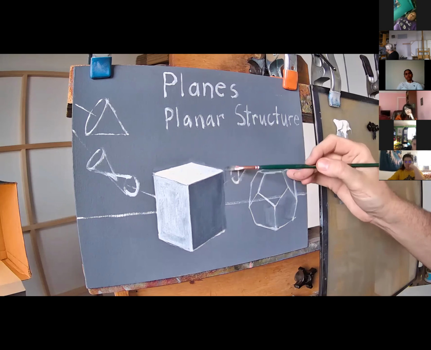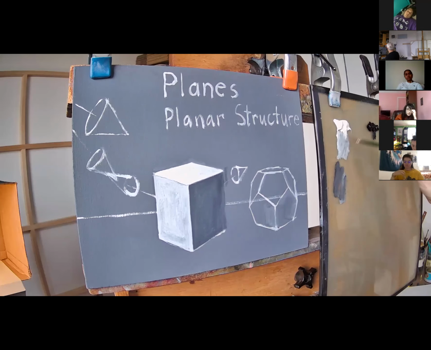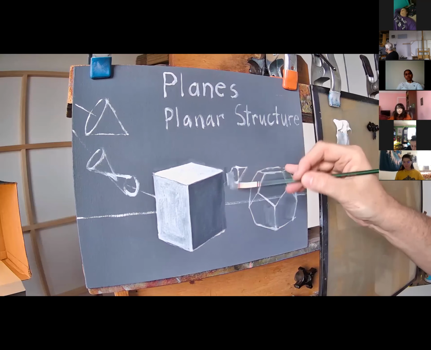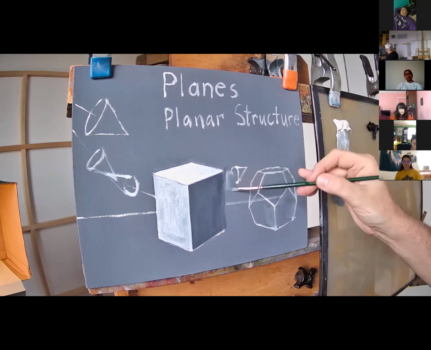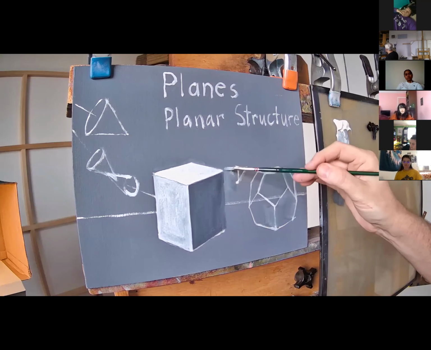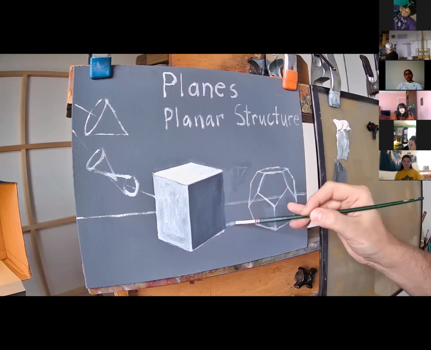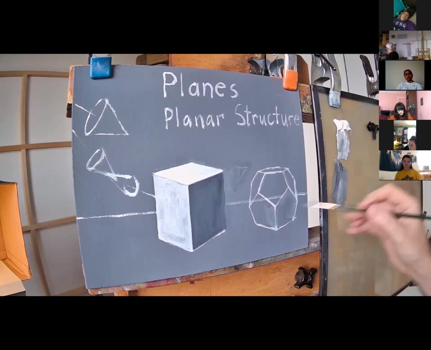And so we can understand, without even looking at an object, when we're dealing with simple geometric forms, we can start to imagine or conceptualize the way these forms will respond to the light source, if we know where the light source is and the direction of that light source.